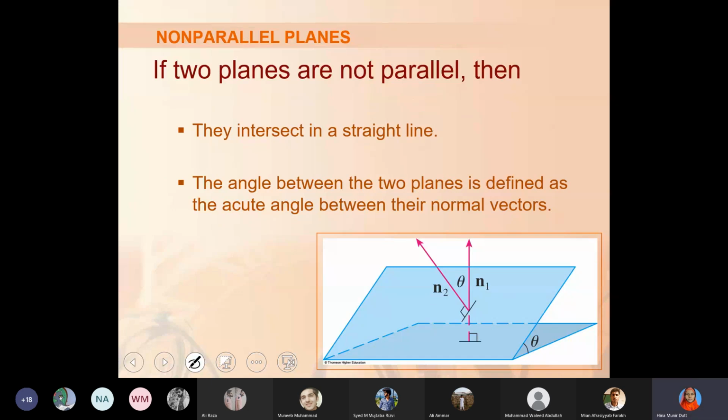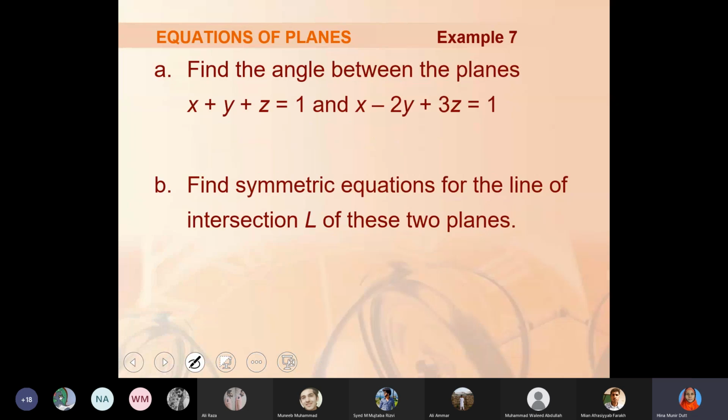So the question is, find the angle between these planes, and find the symmetric equation of the line of intersection of these two planes. Now we have two questions. The normal vector to the first plane is 1, 1, 1, and the normal vector to the second plane is 1, -2, 3. So n1 dot n2 is equal to magnitude of n1 times magnitude of n2 times cos theta.